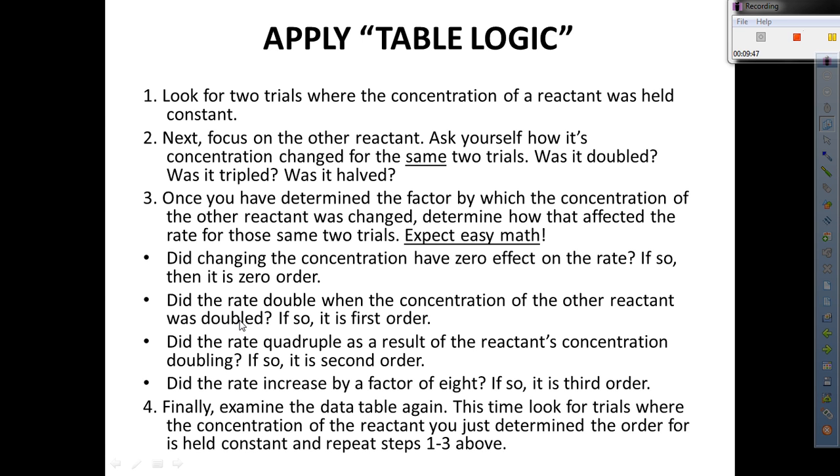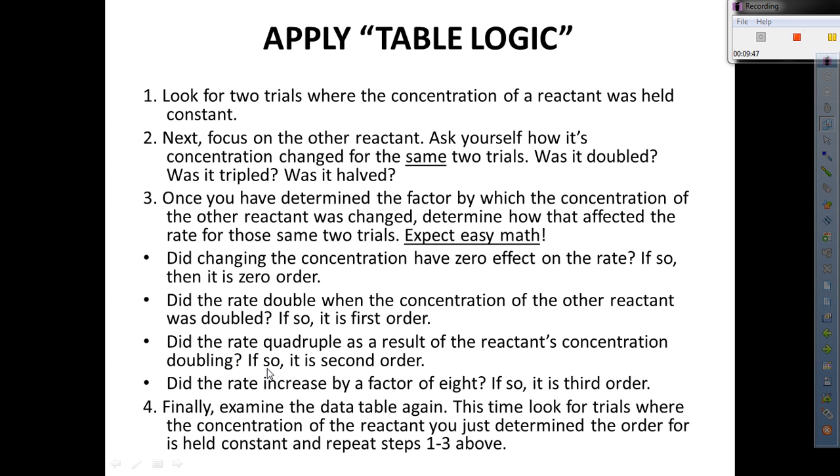All right, or triple, or quadruple, or whatever you did to the second reactant, did the same thing happen to the rate? If that's the case, then this is called a first order reaction. All right. And then finally, if it isn't a zero order and it isn't a first order, well then you need to check and see if it's a second order.